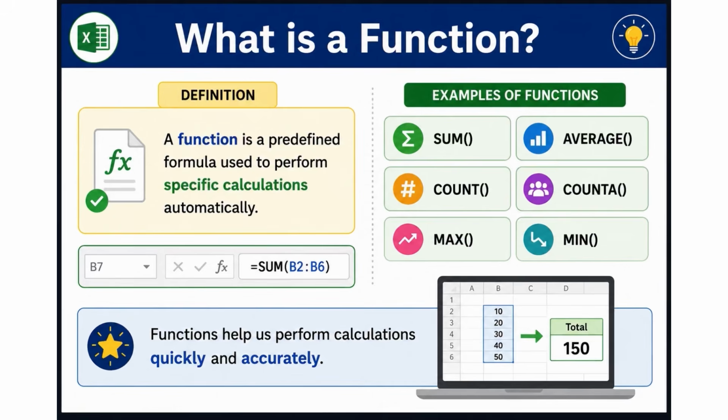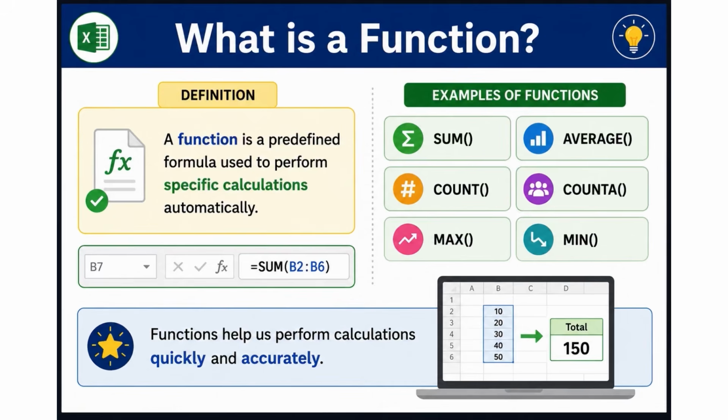However, when working with large amounts of data, creating formulas one by one can take a lot of time. Fortunately, spreadsheets provide built-in formulas known as functions. Functions help us perform calculations quickly and efficiently without having to write long formulas ourselves. Let's begin by understanding what a function is.